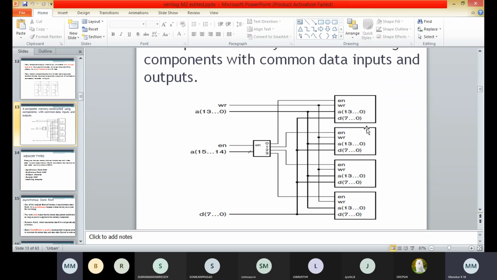The selected memory component treats the data connections as inputs and accepts the data to be written. It keeps its tri-state drivers disabled so as not to interfere with the logic levels on the data signals.